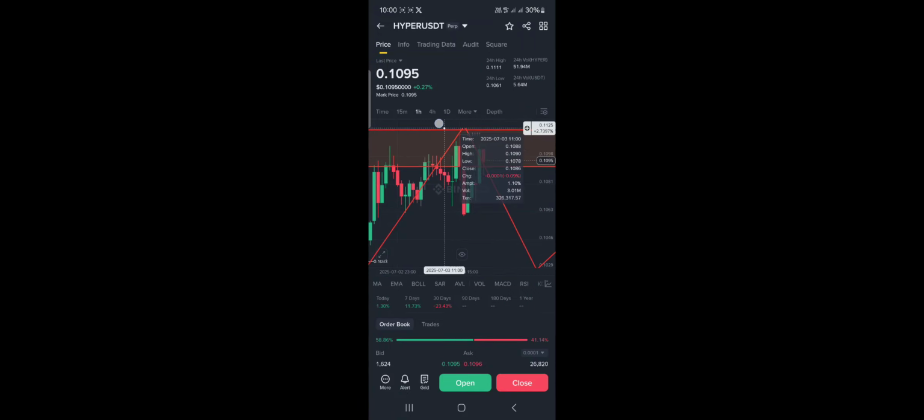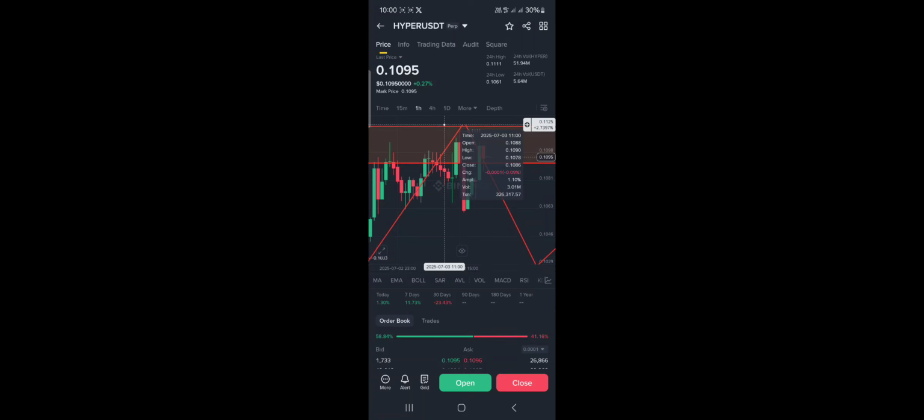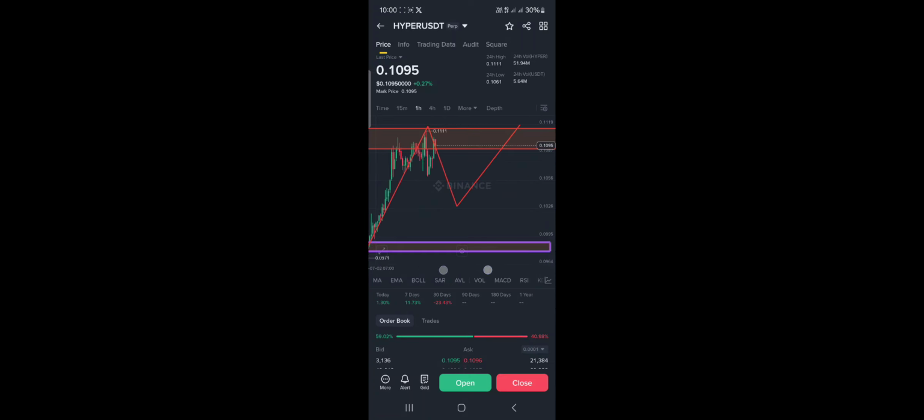Then what is our stop loss? Let's put our stop loss here. Let's put our stop loss above this wick, 0.11, let's say 0.12. Stop loss 0.12.